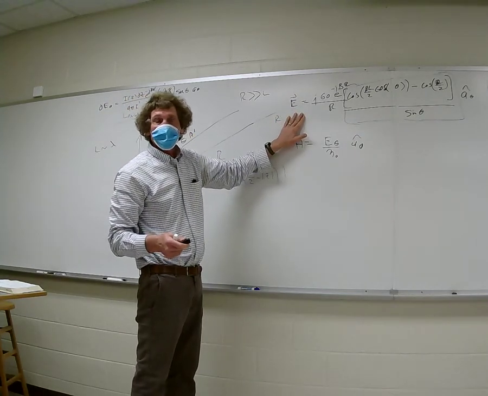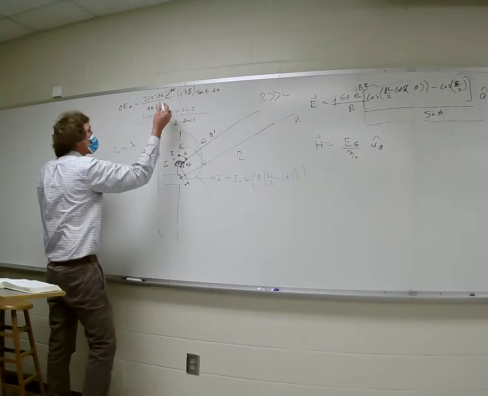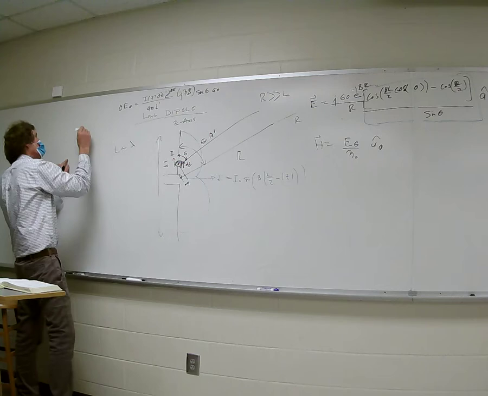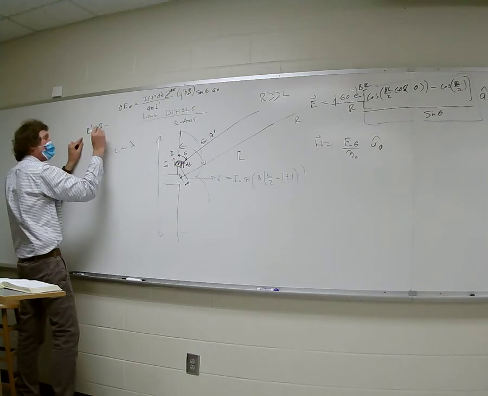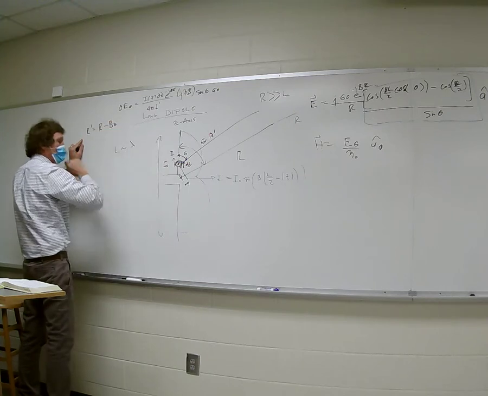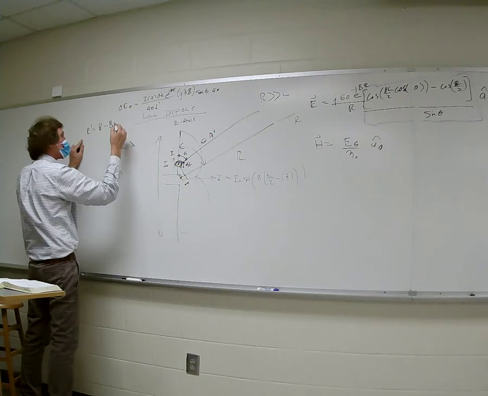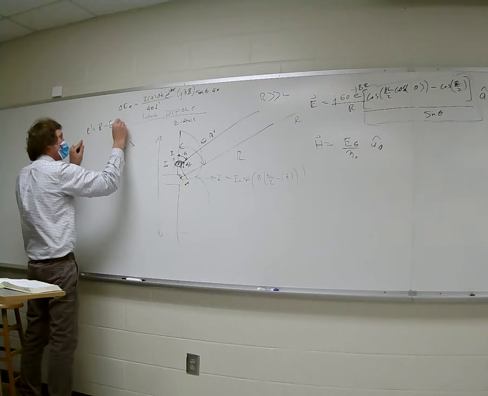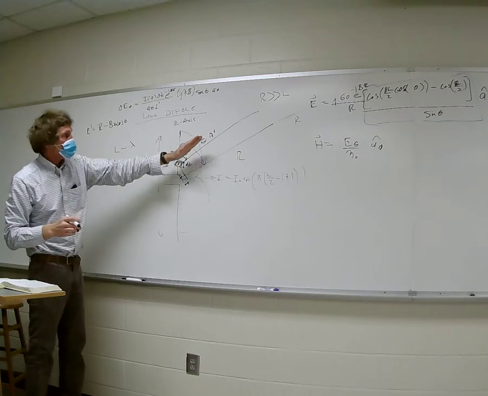Now the integration is a little clumsy because when you integrate this, the r prime right here actually becomes r minus beta z times the cosine of theta. And that has to do with the difference in length here and here.